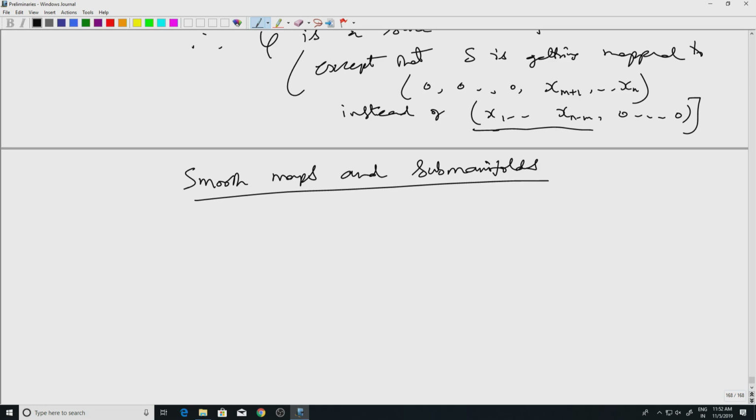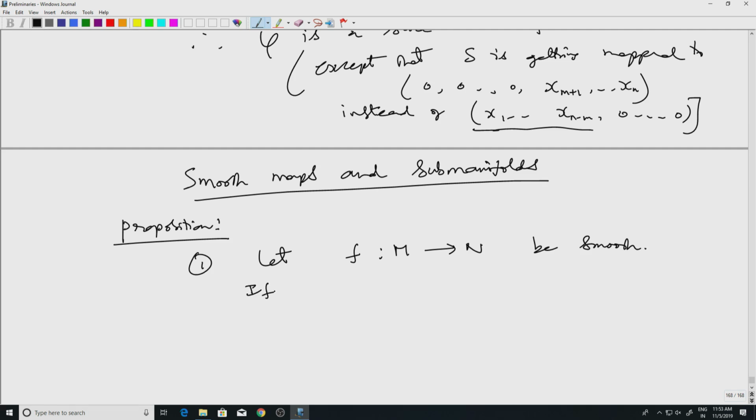So here's the proposition. The first one is: let f from M to N be smooth. As usual, M and N are smooth manifolds, and I have a smooth map.